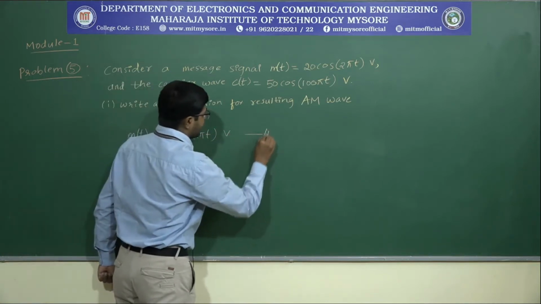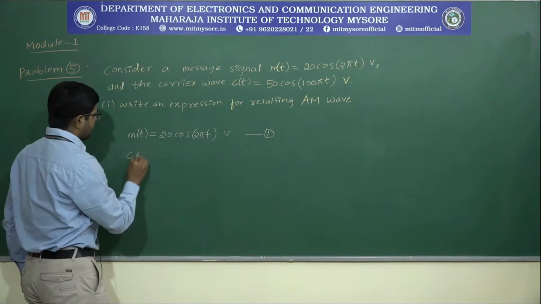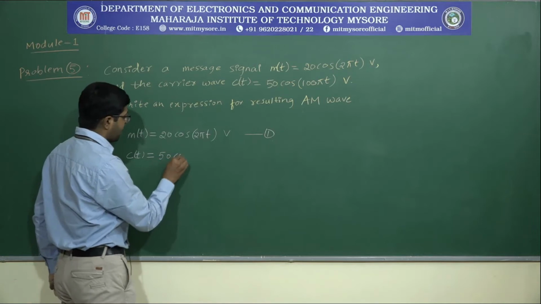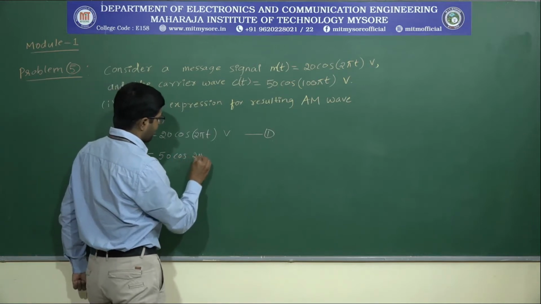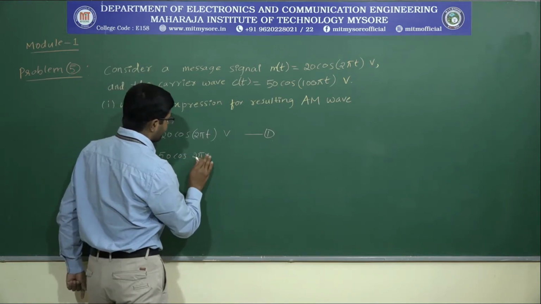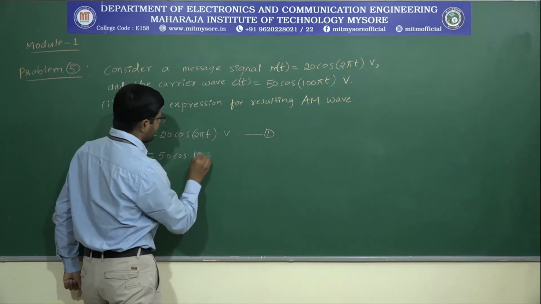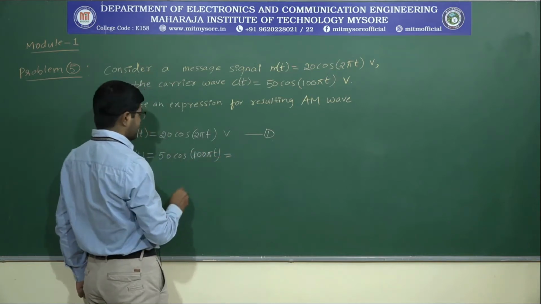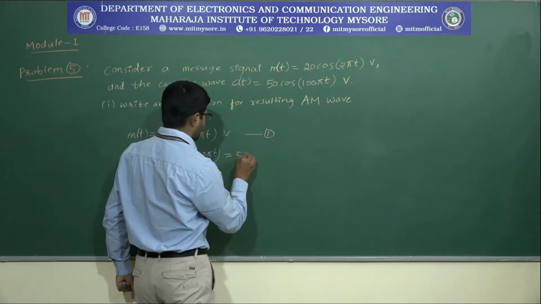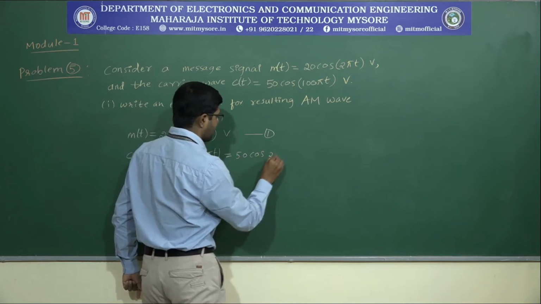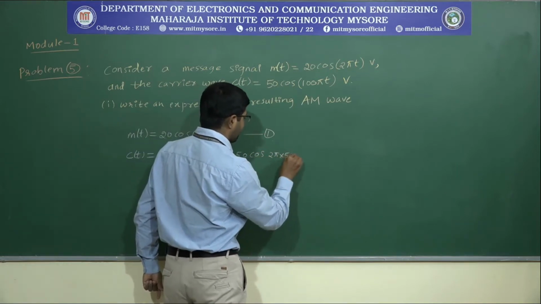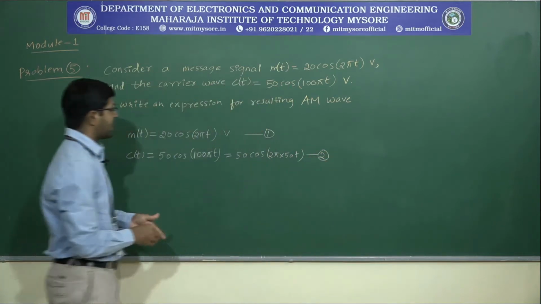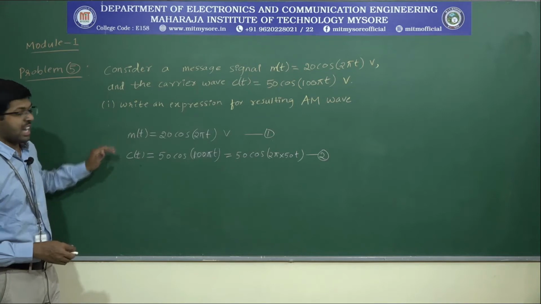Let me take it as equation number 1, and the carrier signal is given as c of t is equal to 50 cos 100 pi t. We can rewrite this as 50 cos 2 pi into 50 t, because this has to resemble the standard message and carrier equations.